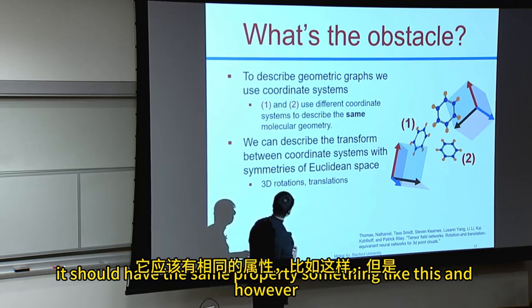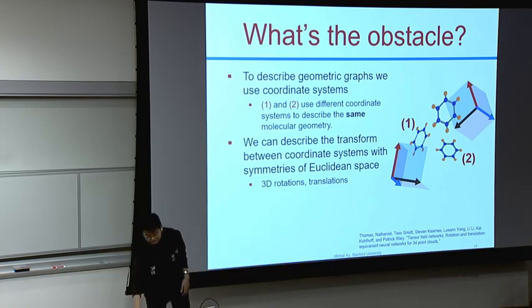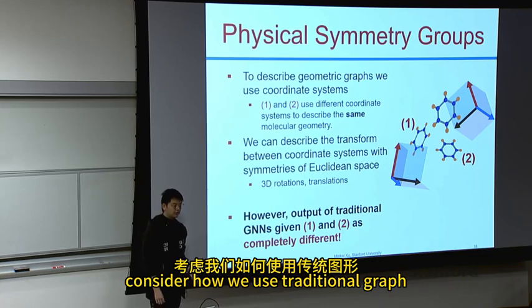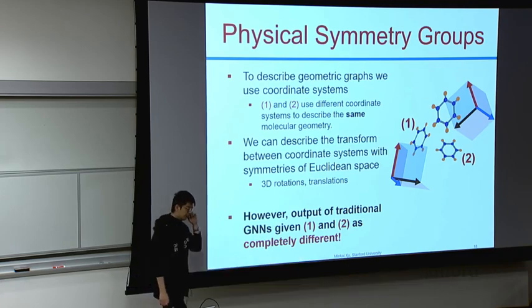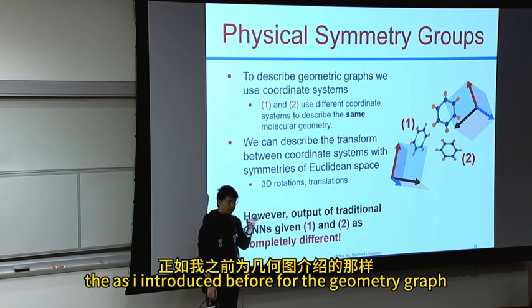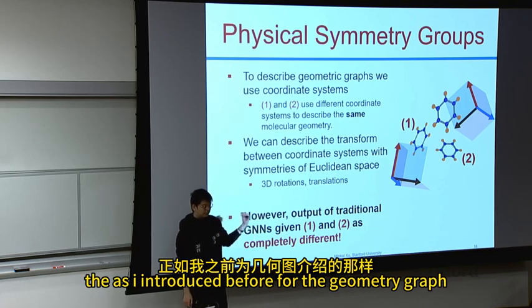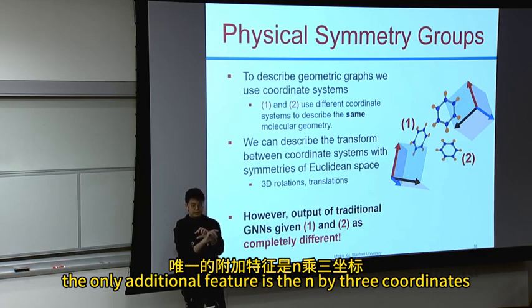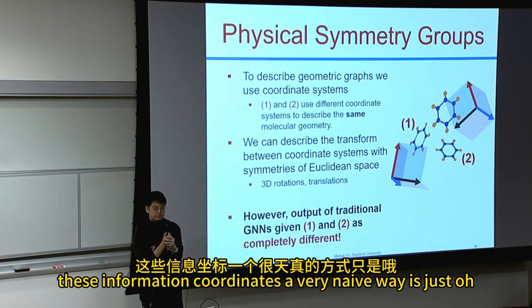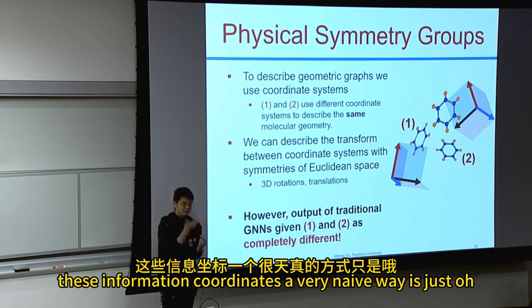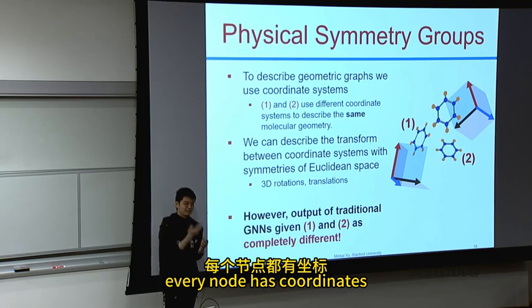And however, consider how we use a traditional graph neural network to process our node features. As I introduced before, for the geometric graph, the only additional feature is the n by 3 coordinates. So how to process this coordinate information? A very naive way is to treat it as a node feature, right? Every node has coordinates.